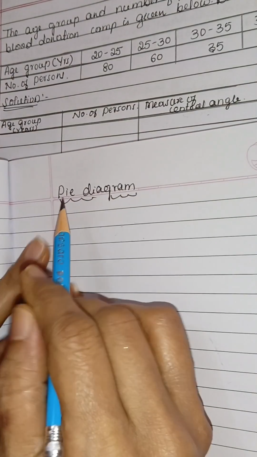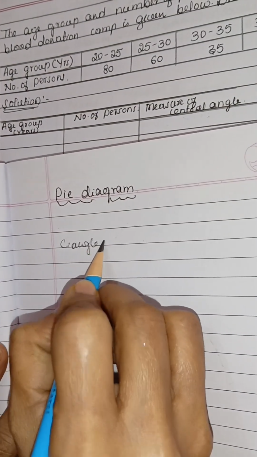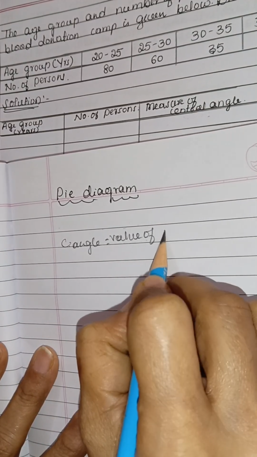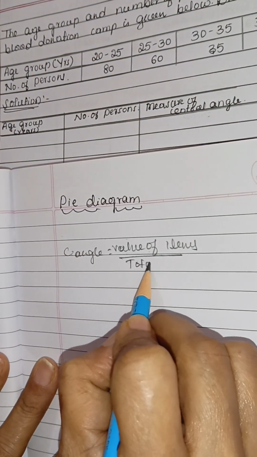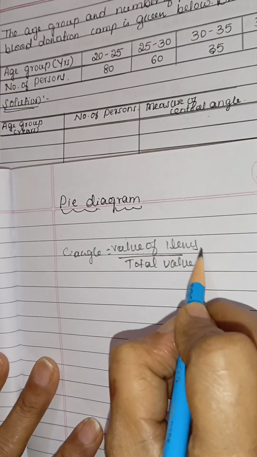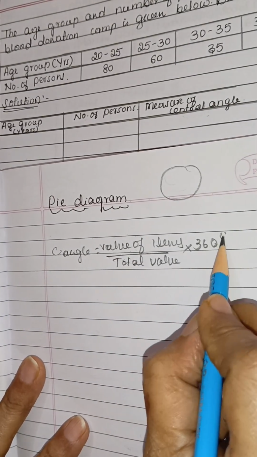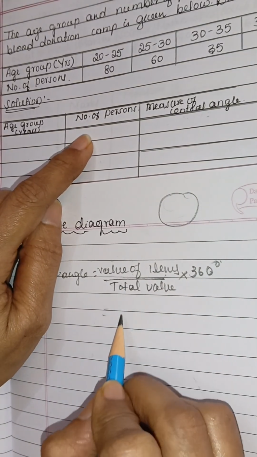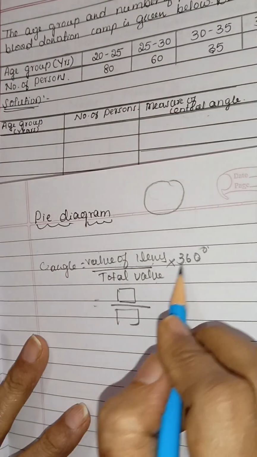To find the measure of central angle, the value of the individual item is divided by the total value, multiplied by 360. 360 is the measure of a whole circle, 360 degrees. So the value of the individual item divided by total value multiplied by 360 gives the central angle.